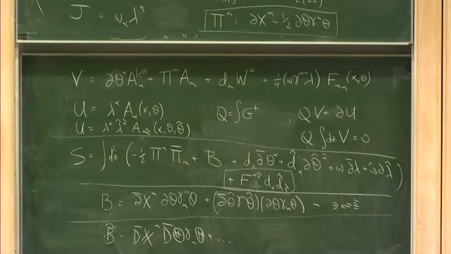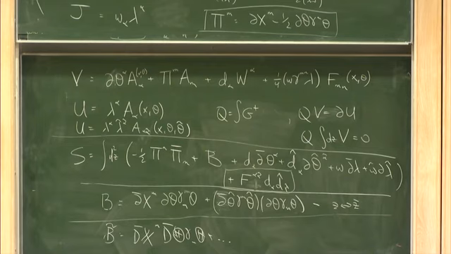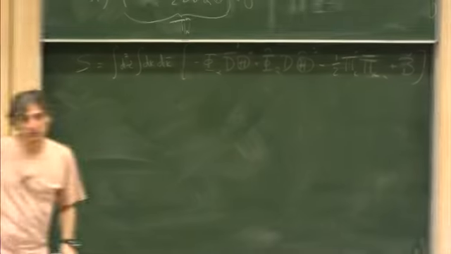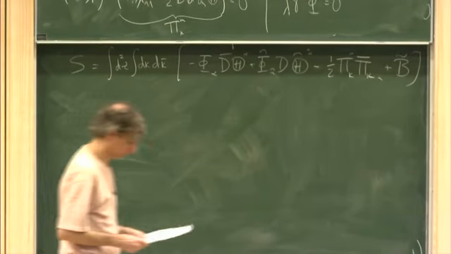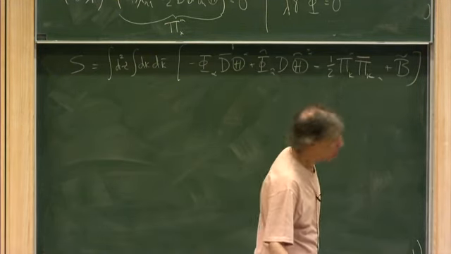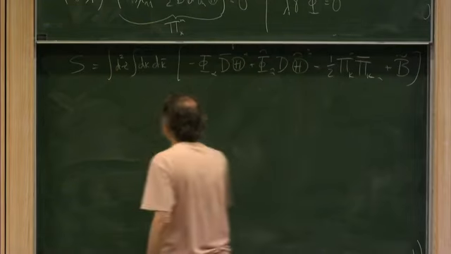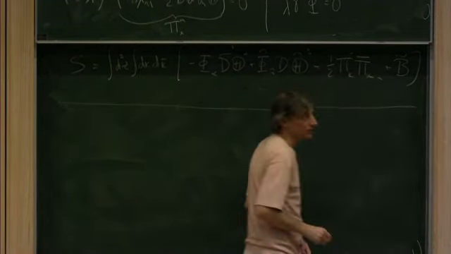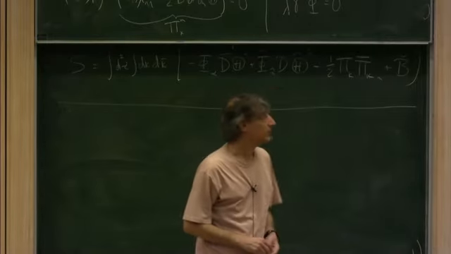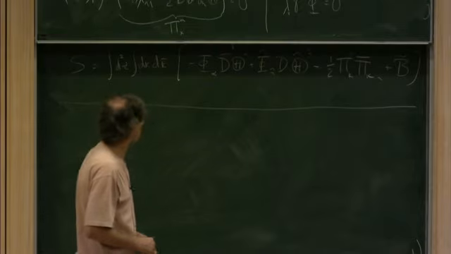So after imposing these constraints, these two constraints here, you can show that this action reduces to the pure spinor action. Okay, so that's essentially the starting point. So now we want to do something with this. But that's essentially the untwisted pure spinor form.